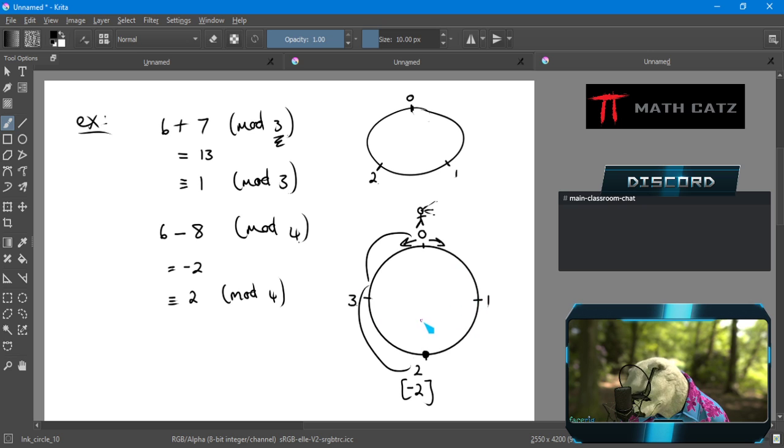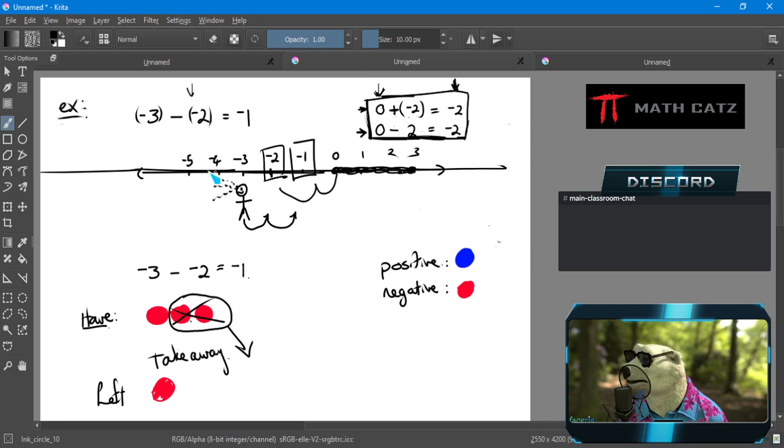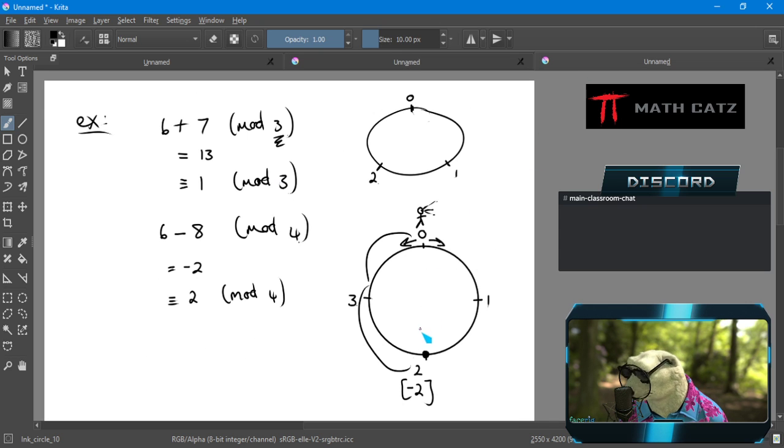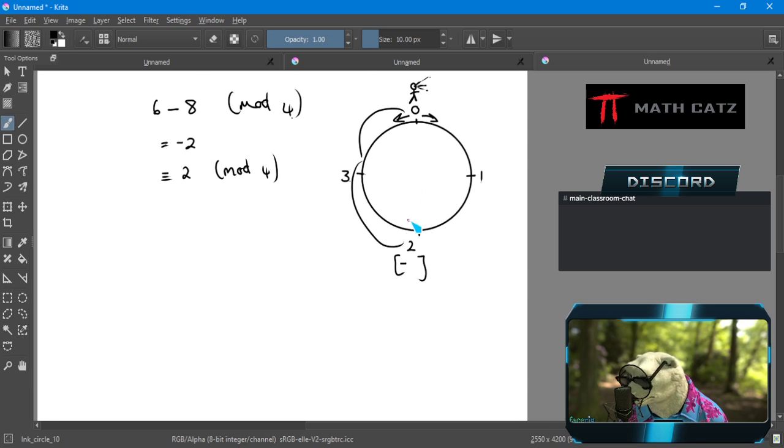Each of these positions has infinitely many equivalent positions on the number line. For example, this bottom position of 2 on the mod 4 circle is equivalent on the number line to -2. It's equivalent to 6. It's equivalent to 10.